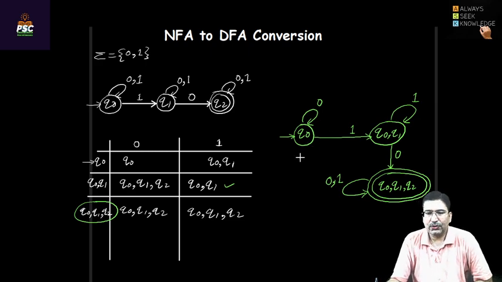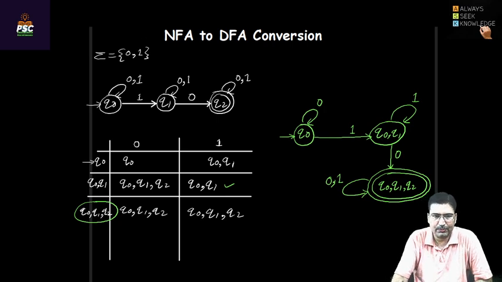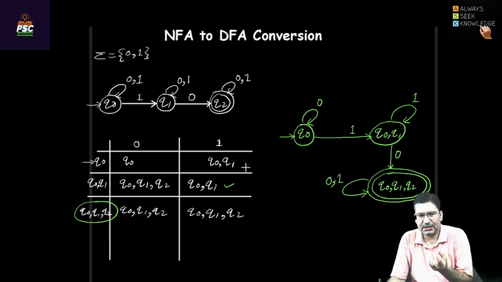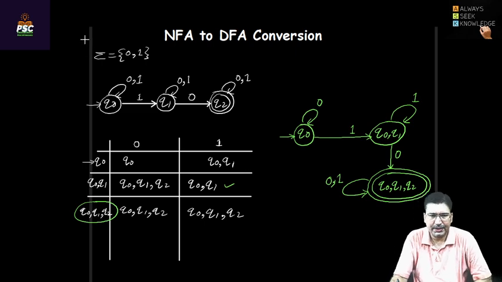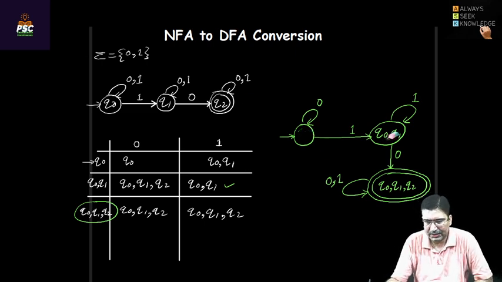Now in this, if you check the very first state, rather than Q0 or this combination, I can give some different name also, because a name is just a kind of symbol for a state. So instead of writing Q0, I can write state A, state B, state C, right?